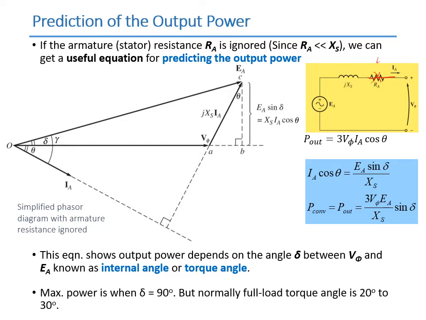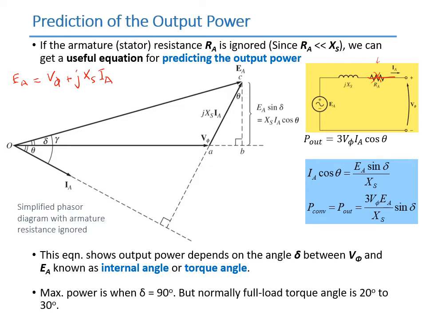Then if we write down the KVL from this equivalent circuit, what we are going to have is that EA is equal to V phi plus jXS IA. Now we can draw the phasor diagram.